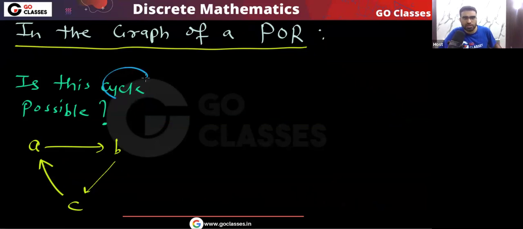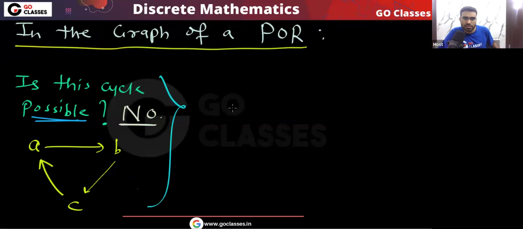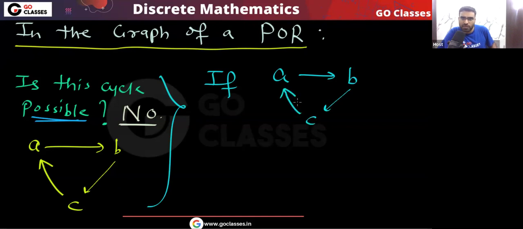Again, I have the same question. Is this cycle possible in a partial order relation? Again, this cycle is not possible. Tell me why. What is the reason?